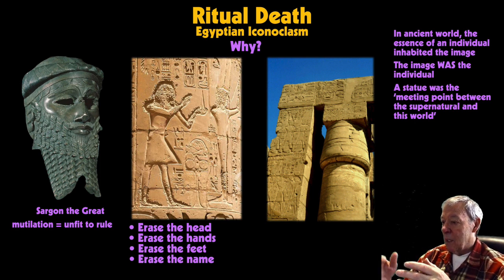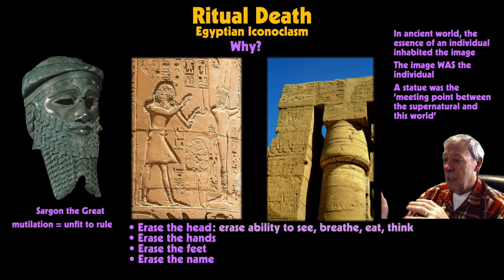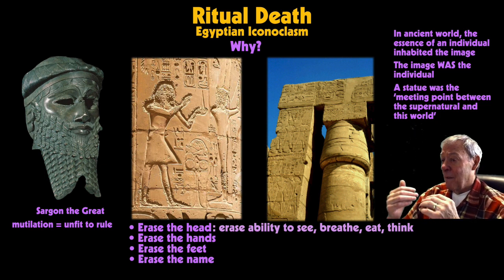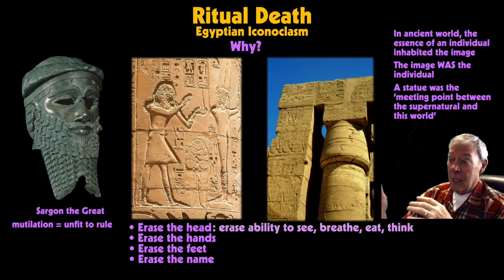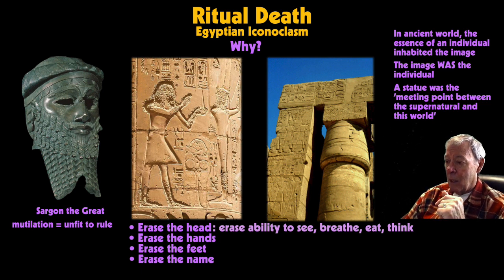Well, when you erase the head, if that image is you, it erases your ability to see, to breathe, to eat, to think, all those types of things that are associated with the head. Now, of course, this pharaoh was in the afterlife, so it's erasing his ability to see, breathe, eat, and think in the afterlife.